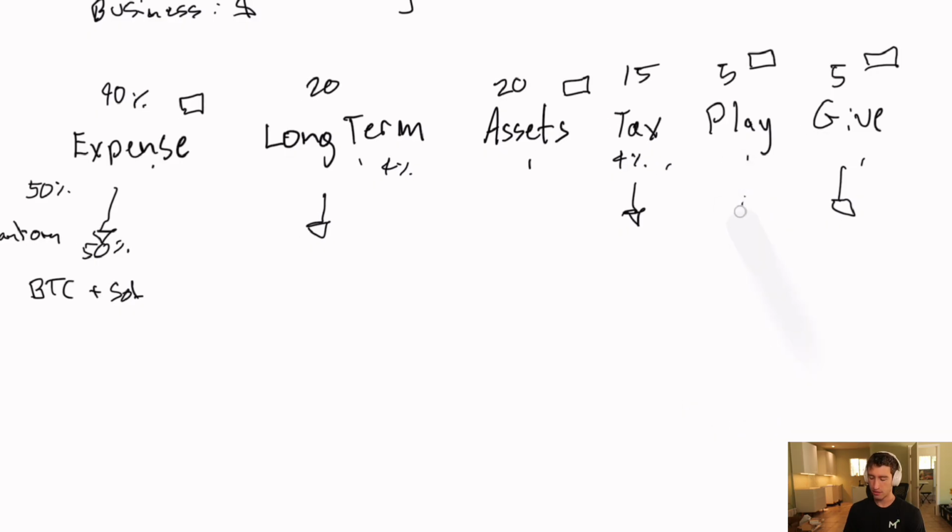And also the play one's a little tricky. But the reason you do this, especially with expense or long term, especially with long term and especially with tax, is because Bitcoin has been beating the market. I don't know what the average is over the last 10 years.